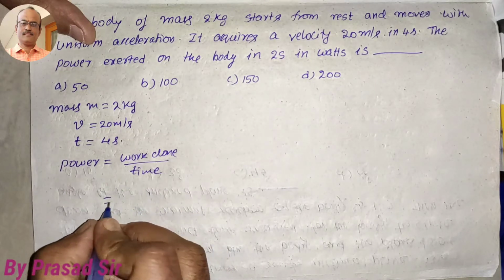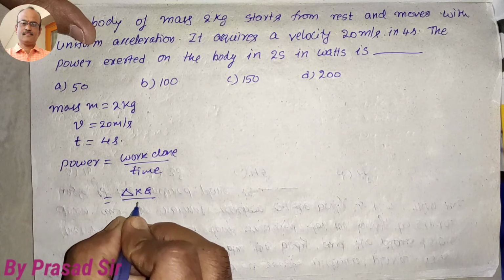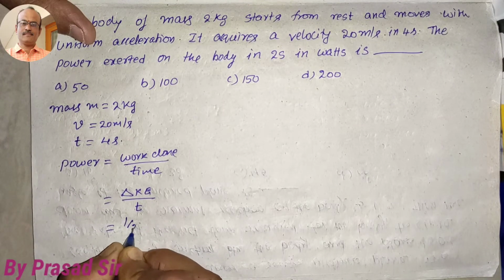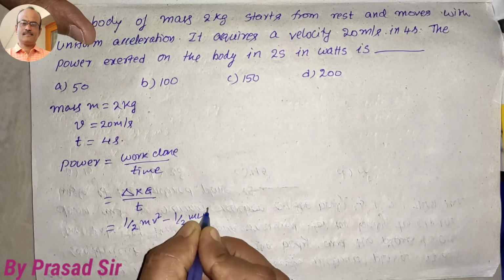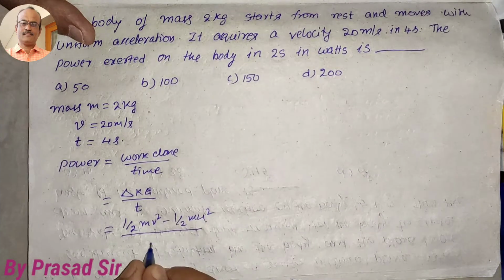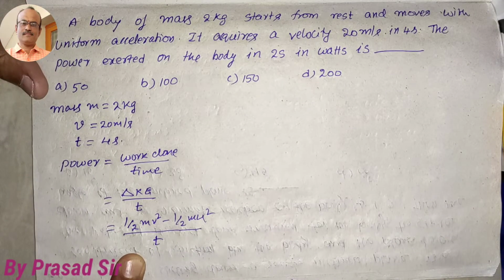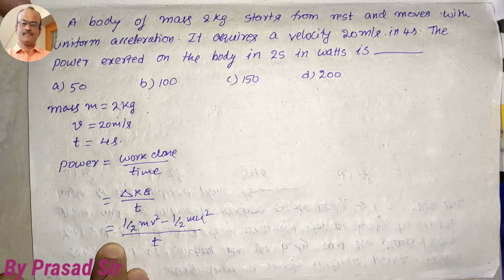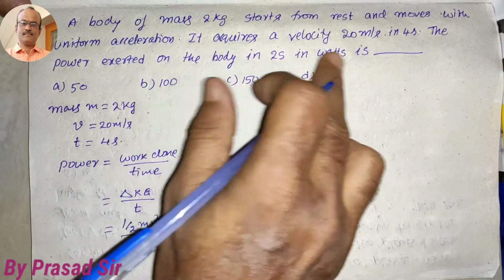Work done is nothing but the change in kinetic energy divided by time, that is half mv square minus half mu square, divided by time t. If we do it like this, we can't get the answer. Why? Because the power exerted on the body at 2 seconds is required.